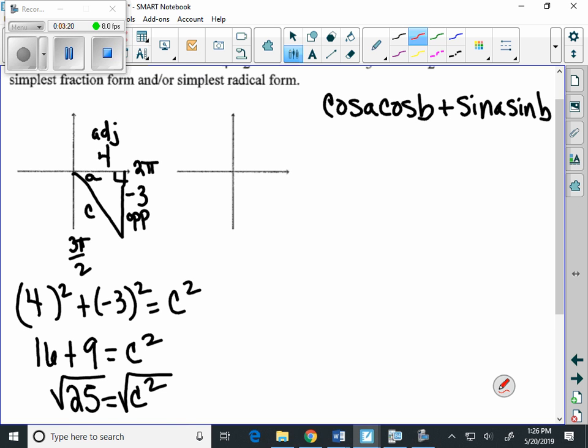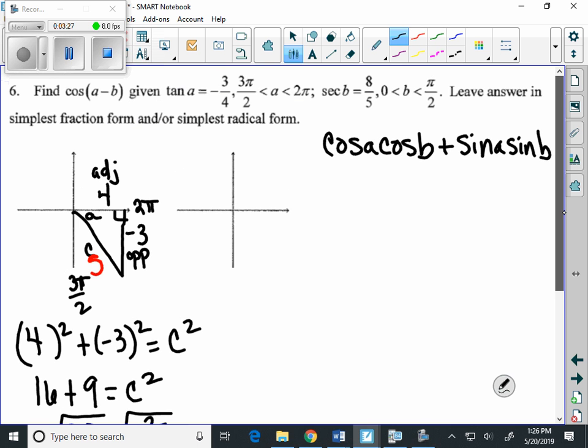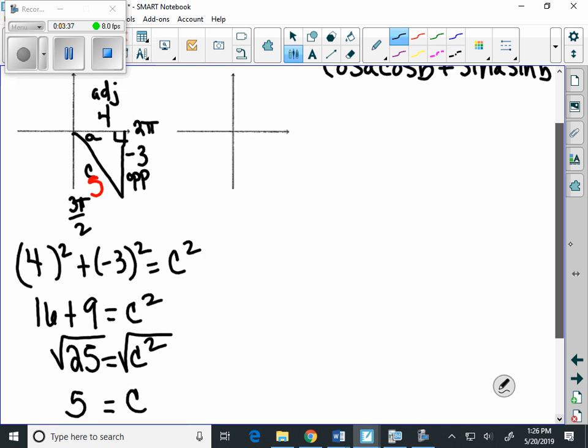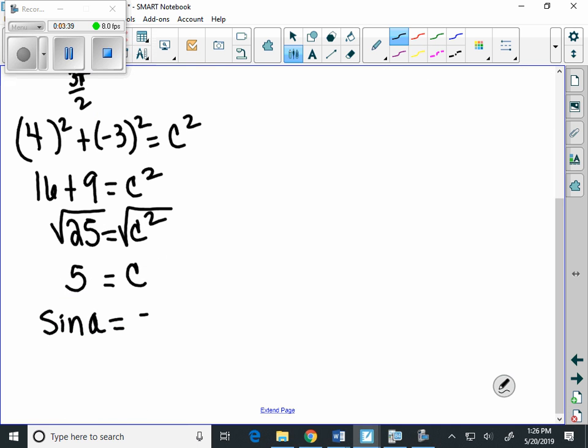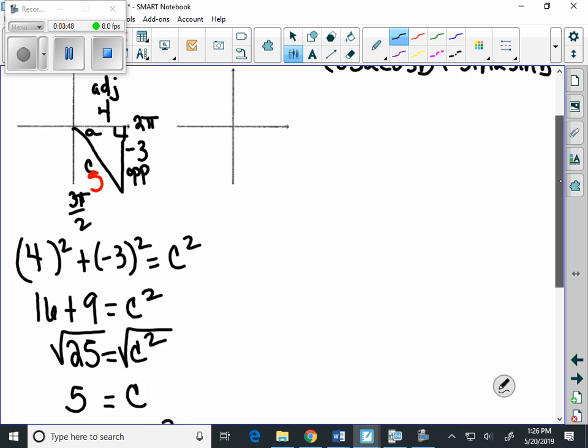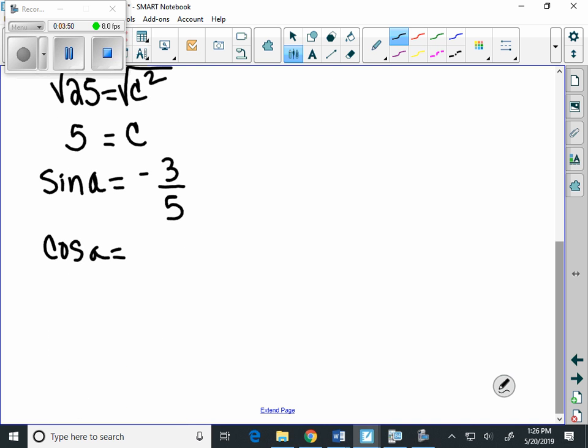So I'll put that in red here. That length is 5. And in fact, what we need from that triangle is we need to know what sine of A equals. And sine is the opposite divided by the hypotenuse, so it's going to be negative 3/5. And cosine of A is going to be the adjacent divided by hypotenuse, which is 4/5.